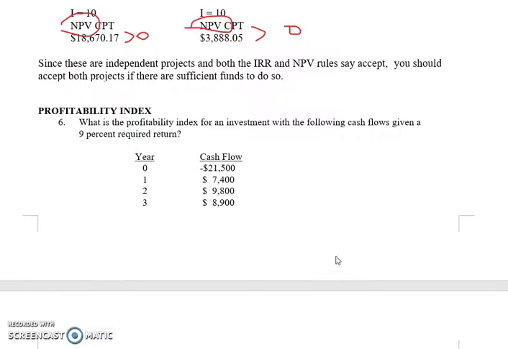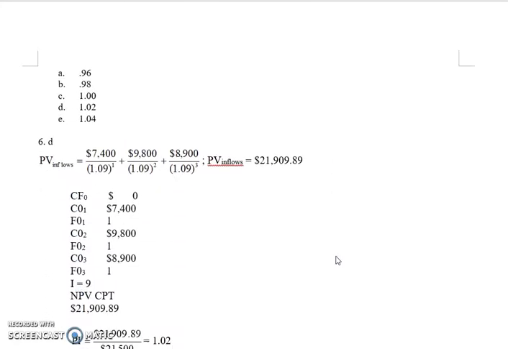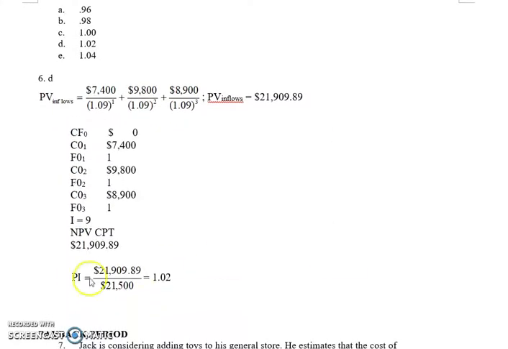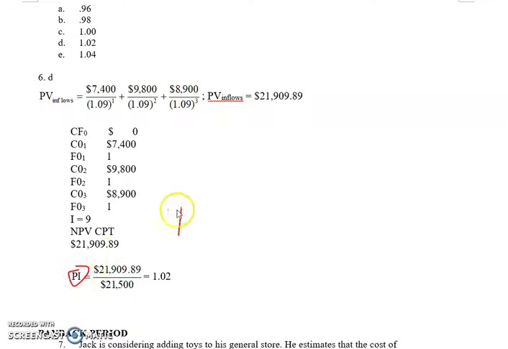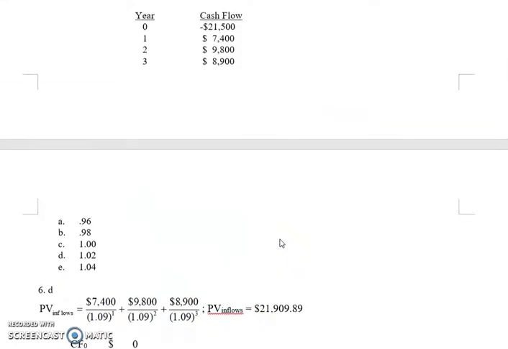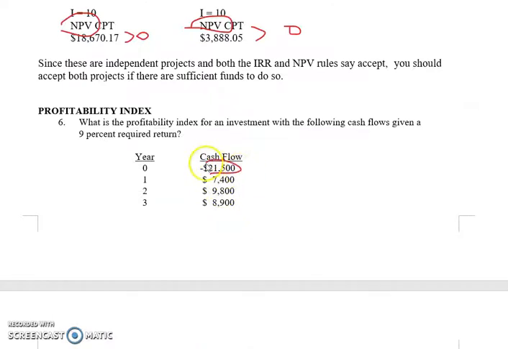Question 6, profitability index. To find out the PI, we do present value over cost, right? So that's the formula. The cost is the cash flow in year 0, and we should plug in the positive, although it shows negative. Negative just means cash outflow.